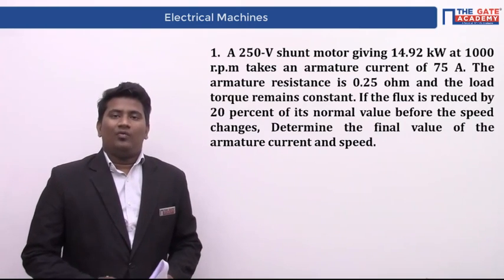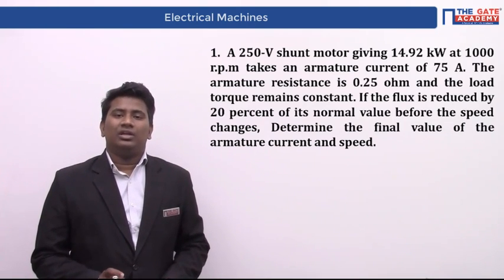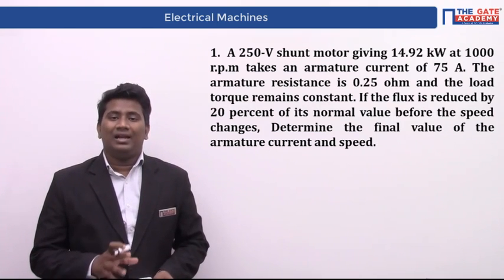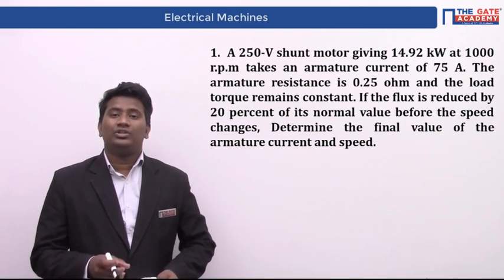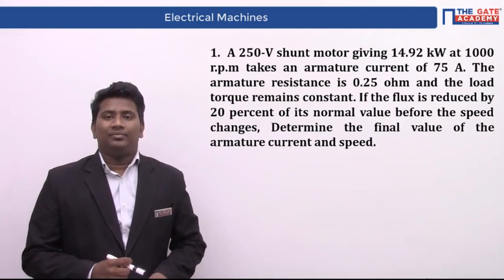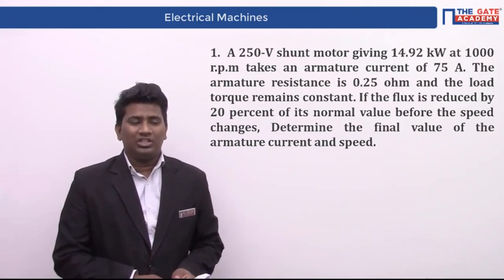Remember one thing, whenever you want to solve any question irrespective of the subject, first of all read the question twice and understand which concept the question belongs to. Recollect that concept at that time. So, how to solve this problem?